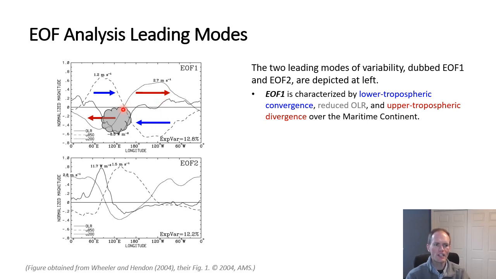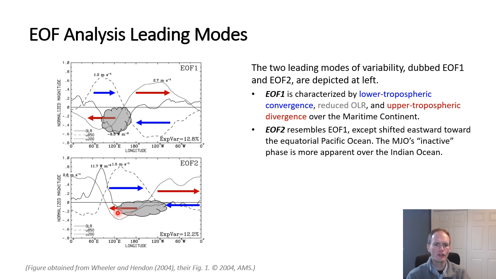So right around this area of suppressed outgoing long-wave radiation and enhanced convection, enhanced thunderstorm activity, we have low-level winds that are converging and upper-level winds that are diverging. So this is structured here around 120 degrees east, which is around the maritime continent. So this EOF1 structure is associated with the MJO's active phase centered over the maritime continent.